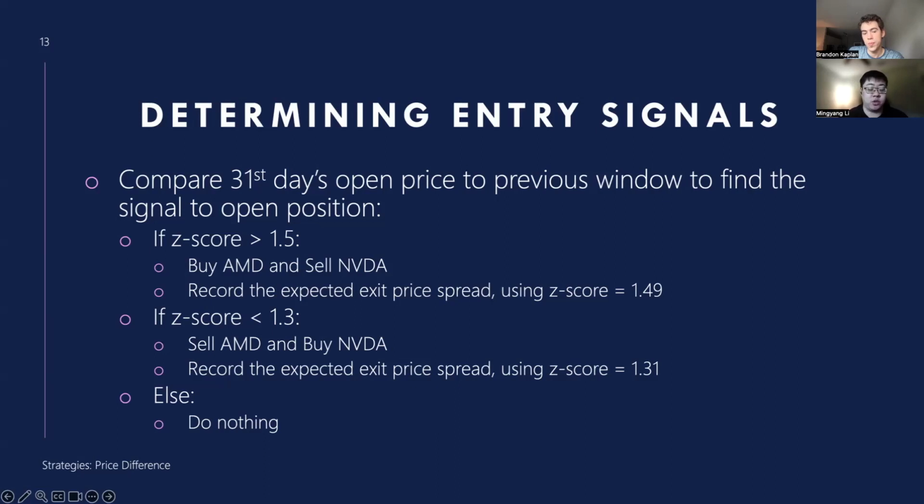And it's the same logic here. If the z-score is less than negative 1.3, we will sell AMD and buy NVIDIA, and we will also record the expected exit price spread using z-score equals 1.31. And if the z-score is in between, we will do nothing for the entry signals.